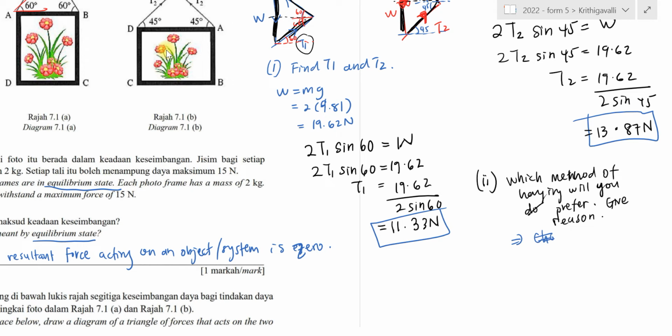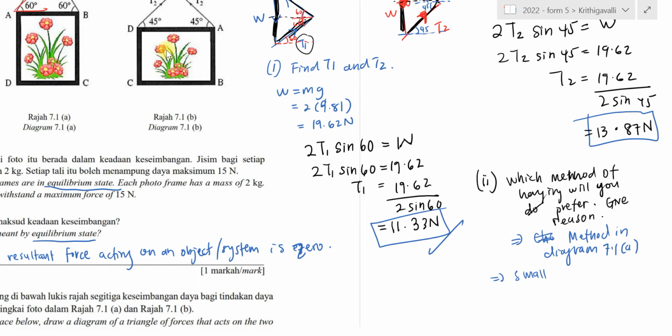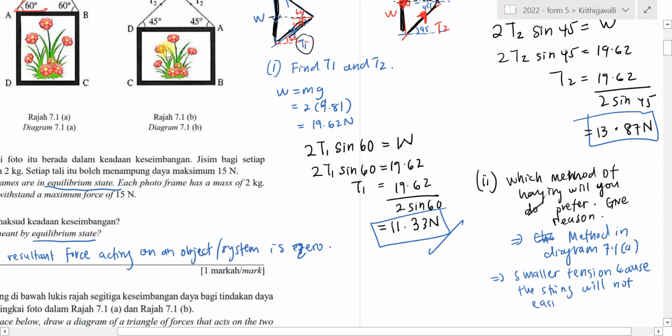method in diagram 7.1a because of smaller tension. So why? Because smaller tension causes the string to not easily snap off.